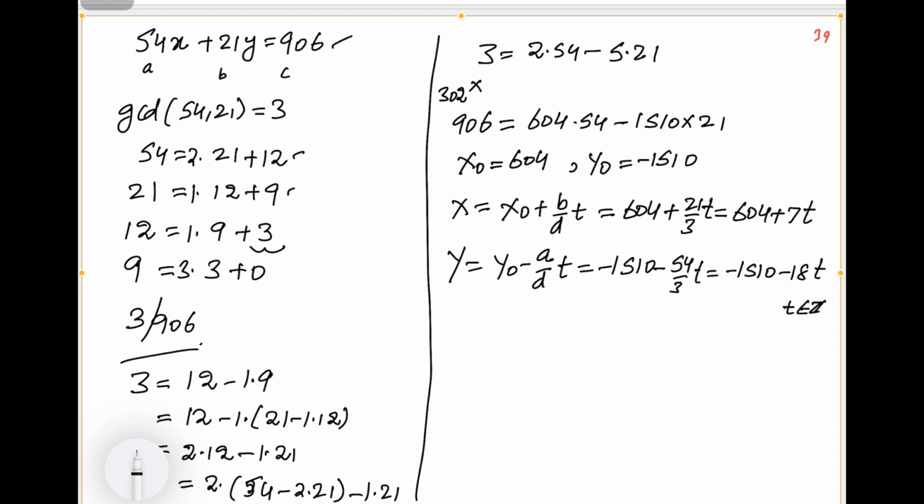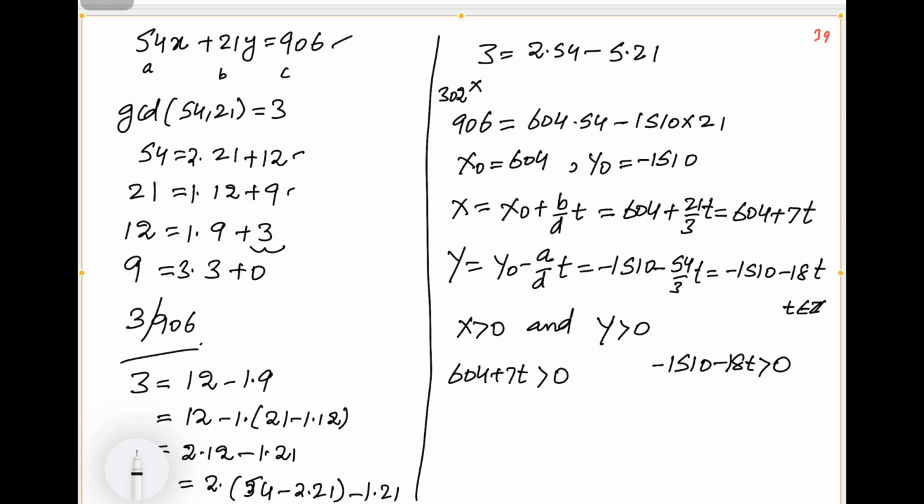Now to find positive solutions, we put x strictly greater than 0 and y strictly greater than 0. So from x we get 604 plus 7t strictly greater than 0, and from y we get 1510 minus 18t strictly greater than 0.